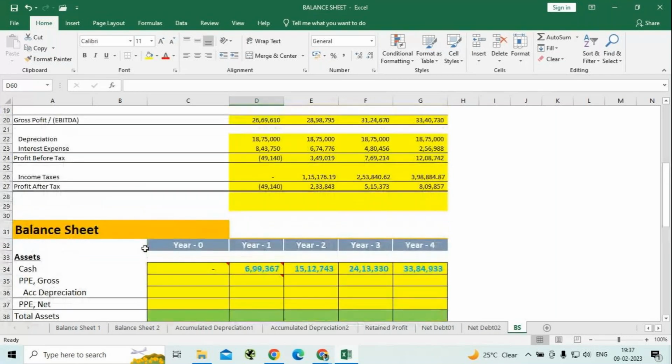So please tell me what should be given in the PPE gross value. Can anyone tell me what is the PPE value in this balance sheet? So if you have got an idea till now, so finally we are going to prepare this balance sheet.